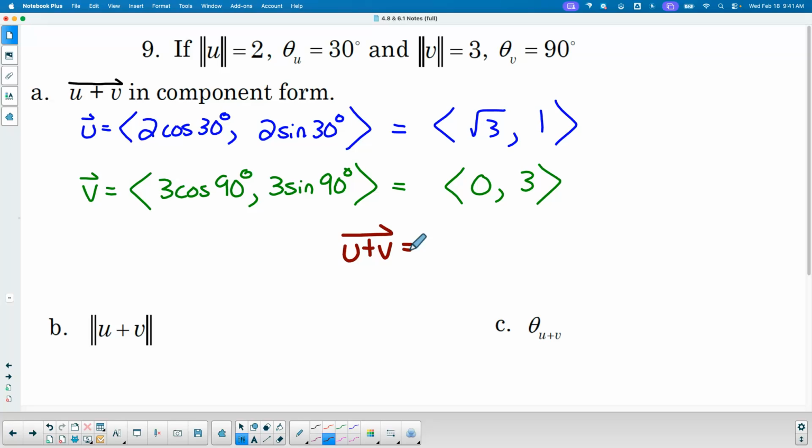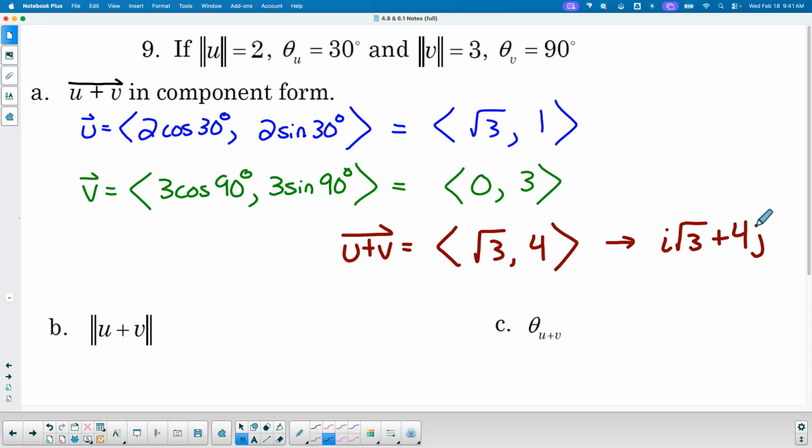Square root of 3 plus 4... comma 4? Yeah. Which would be the square root of 3 i plus 4j if we were asking for it in linear combination form.